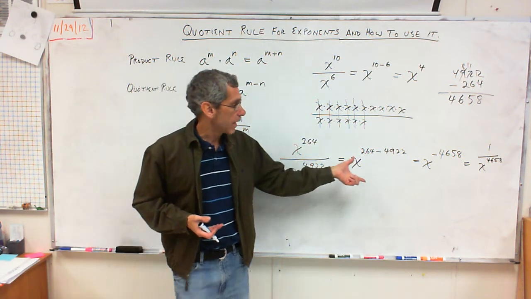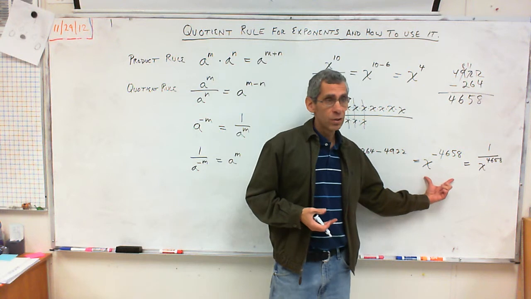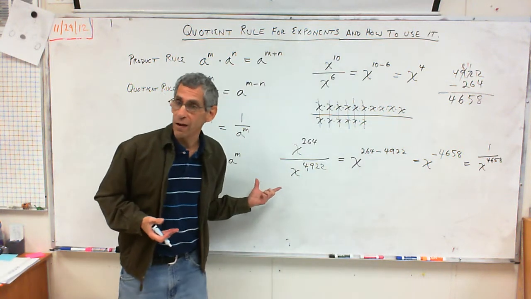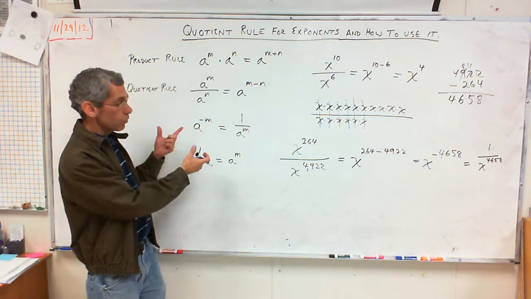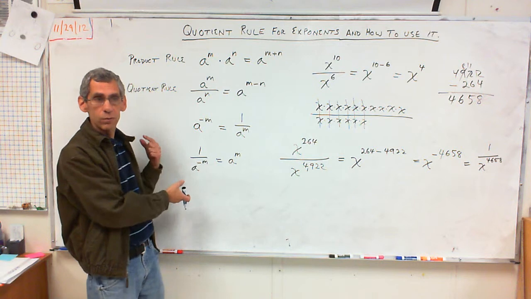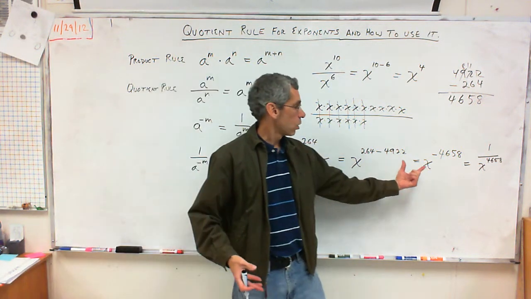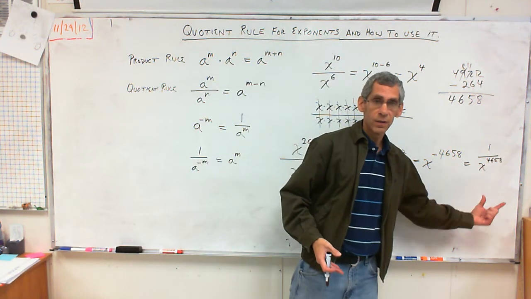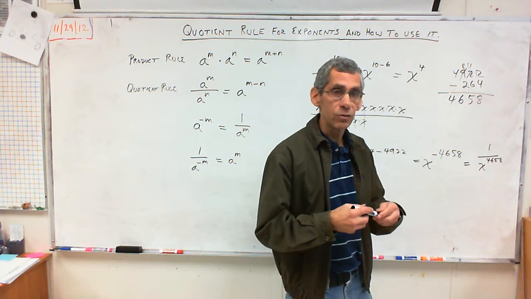But when we got to the end, the quotient rule wasn't enough. We also had to know the negative exponent rule to go to the final answer. So I want to show you how to combine those two.